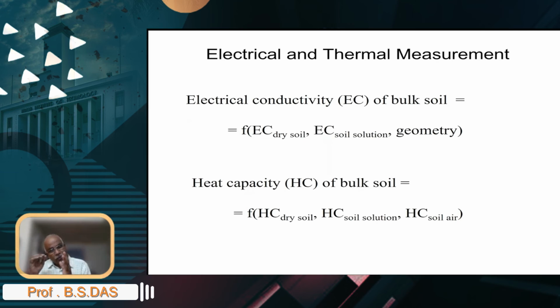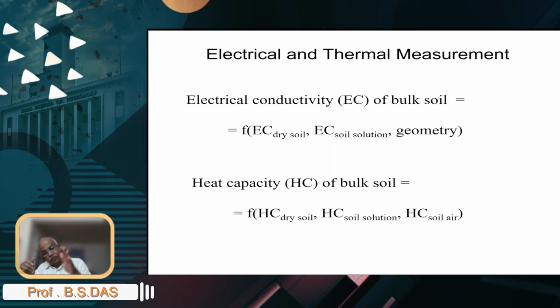One of the difficult aspects of the electrical conductivity probe is the geometry. Imagine that when the soil becomes unsaturated, the water, the electrolyte solution, is present in the soil pore network.